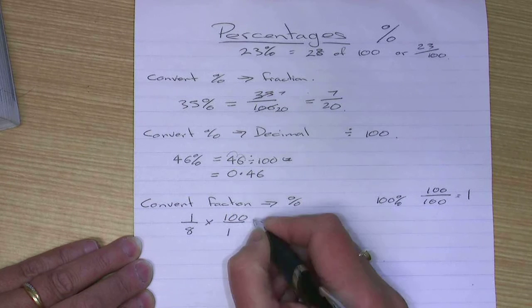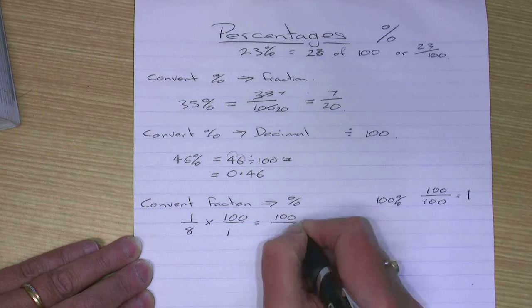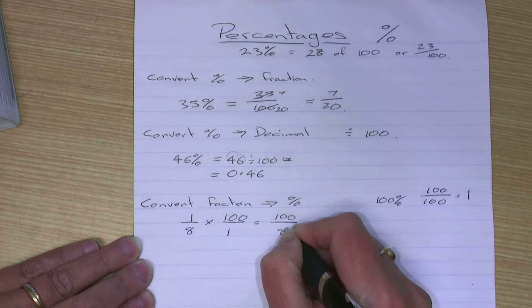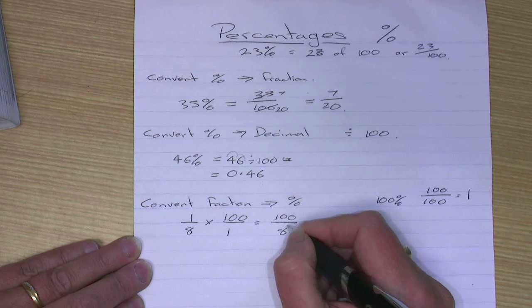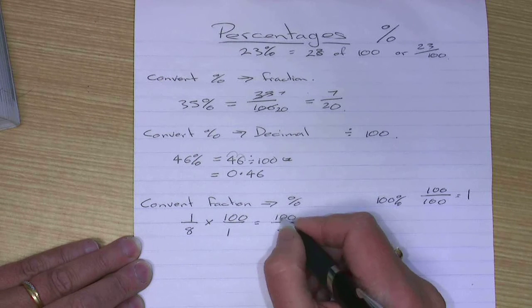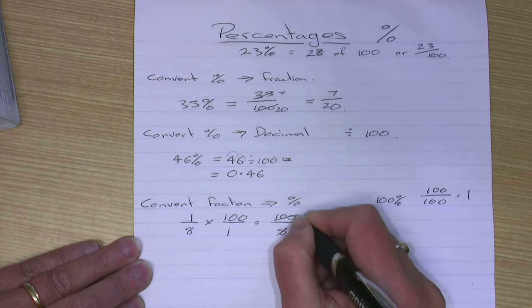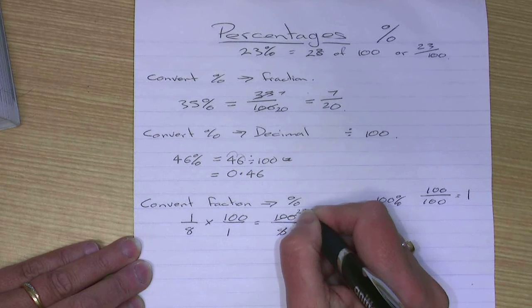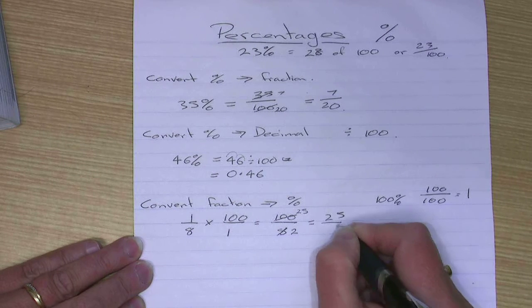That gives me 100 over 8, and I can break this down. 4 goes into that twice, 4 goes into that 25 times, so I get 25 over 2%.